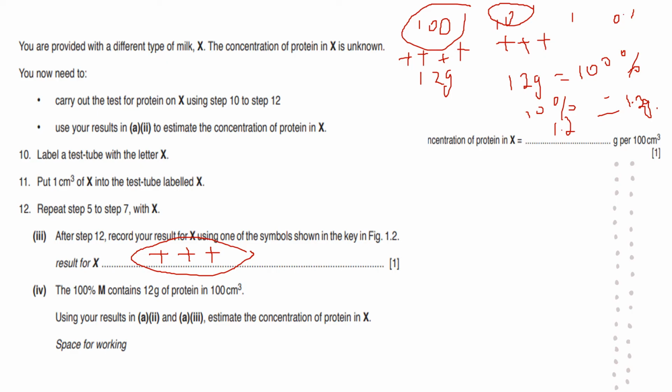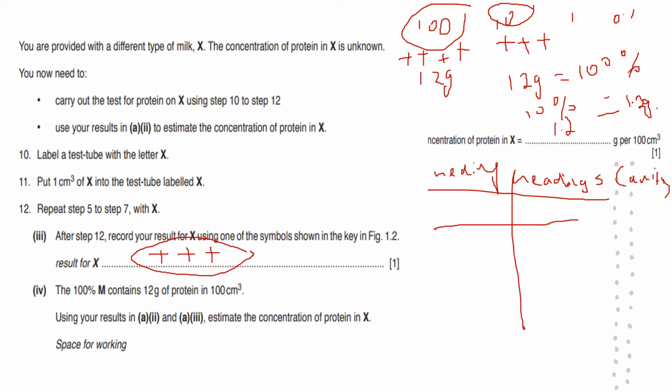Something else I think I should just add here very quickly before we move on is that whenever you do your table and you have your headings for your table, so heading 1, heading 2, you get marks for the headings, by the way, for using the correct headings, and you put in the units for each heading. I've also seen that sometimes they like it when you draw lines to differentiate the different readings for the headings.